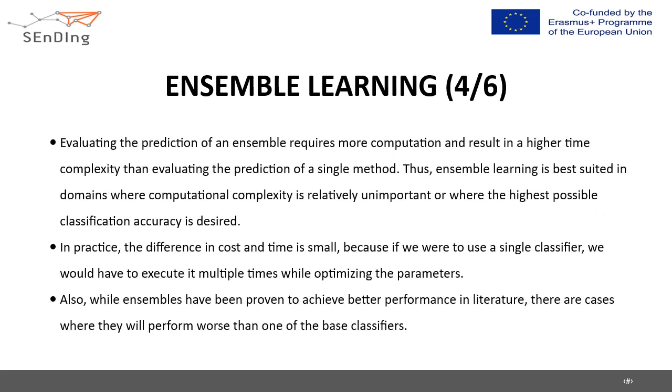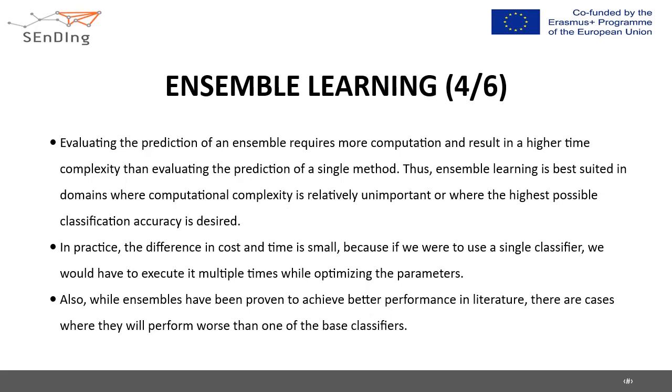Evaluating the prediction of an ensemble requires more computation and results in a higher time complexity than evaluating the prediction of a single method. Thus, ensemble learning is best suited in domains where computational complexity is relatively unimportant or where the highest possible classification accuracy is desired.